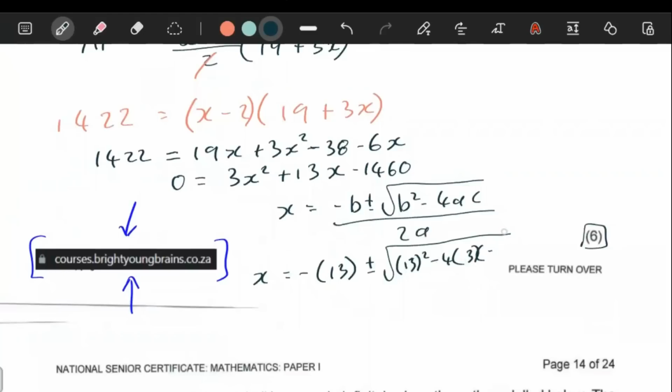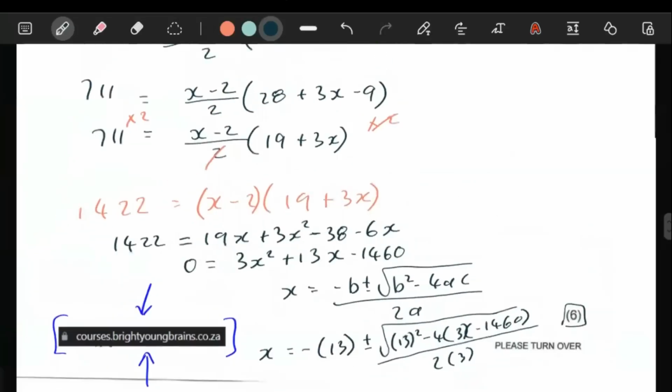The good news is that our value of c is negative, otherwise we would have had a problem. This is over 2 times a. The reason we would have had a problem is because this value needs to be bigger than this one. However, since this is a minus and a minus, it's just going to be this value plus that one. So you'll still get something valid from your answer.